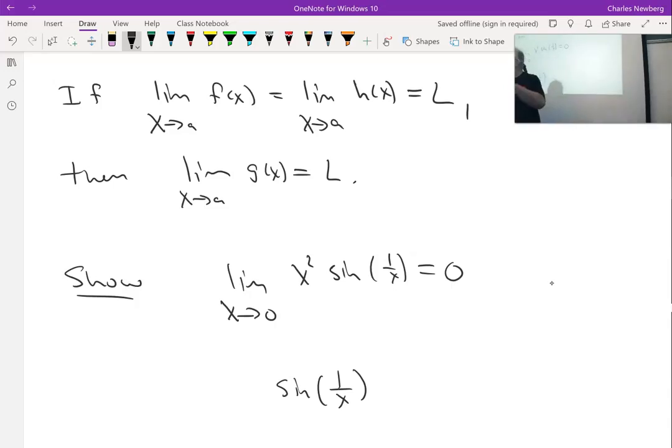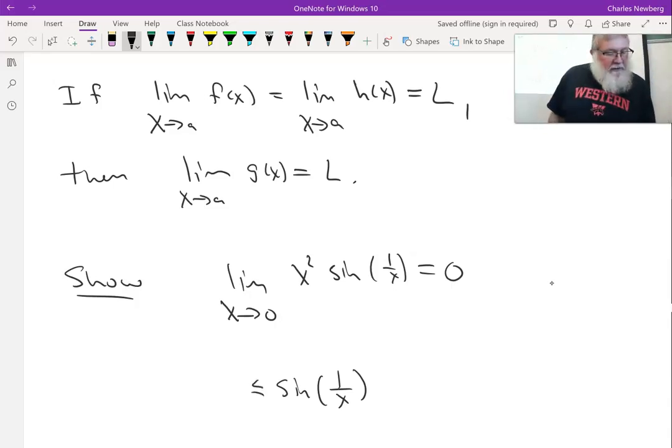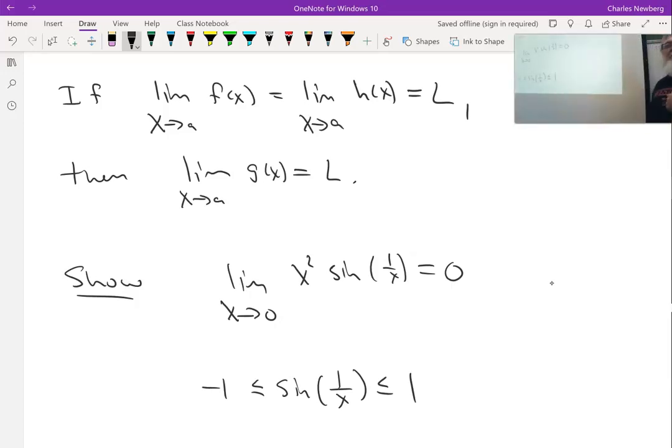Remember, going around that Ferris wheel, the y's can go from -1 to 1. So it doesn't matter about the 1 over x. But we need this identity right here. We know sine's always between -1 and 1.